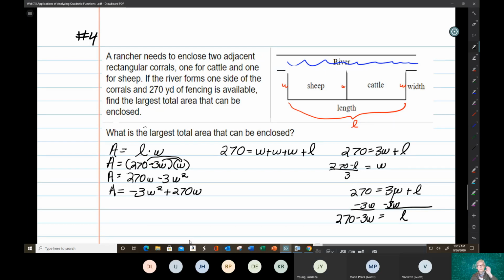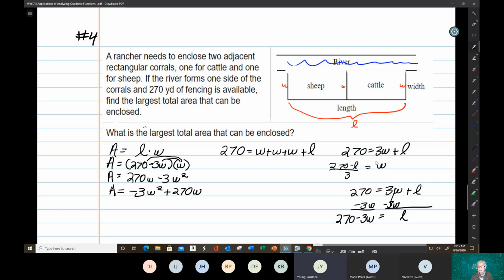You're going in and out. Extra W. I understand the 3W, but where did the other one come from? Over here. Oh, I understand. Yeah, area equals length times width.